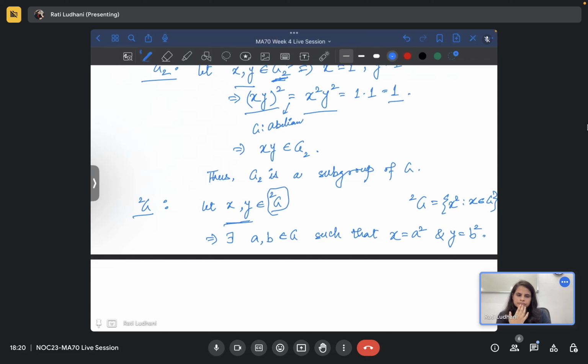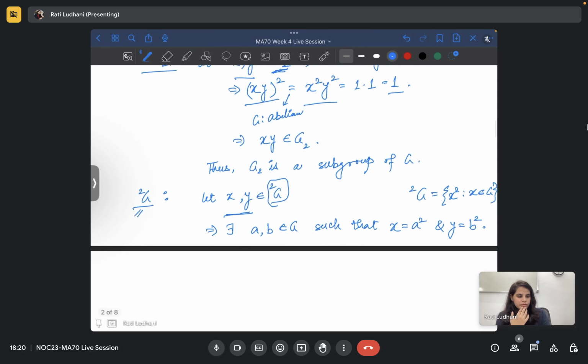Because G is finite, can we say that 2G can be written as some product of cyclic subgroups, and these must be of the form A square cross B square cross C square and so on and so forth?